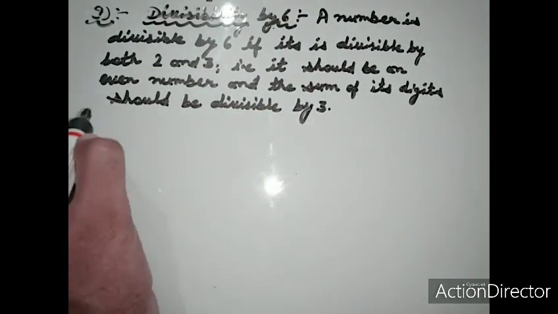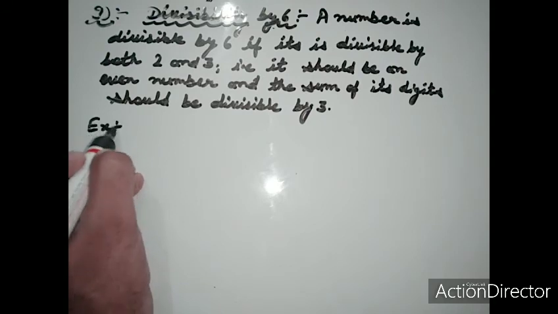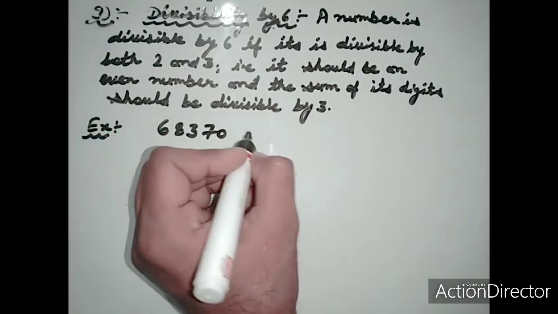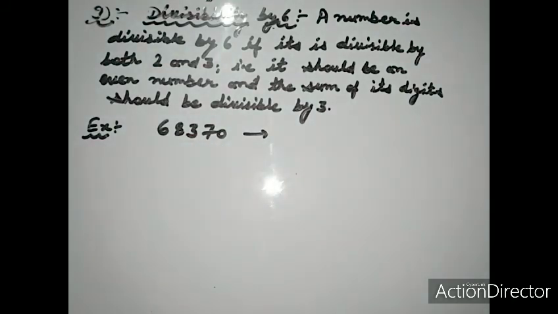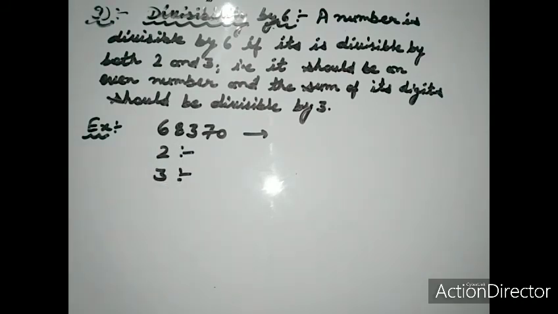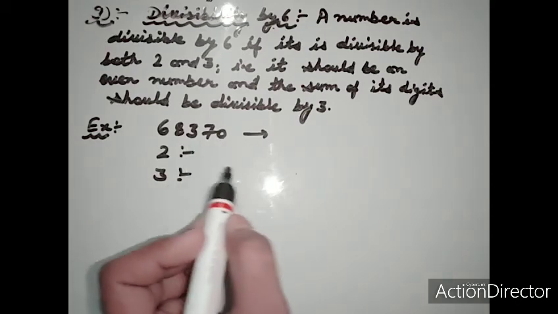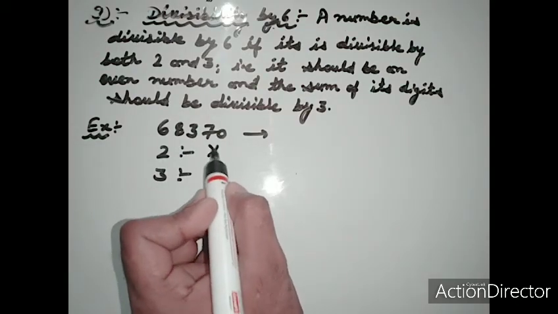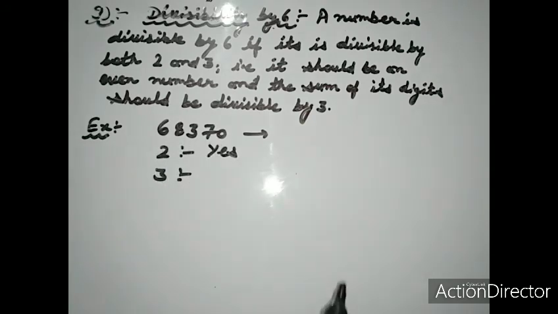So now here we take one example, 68,370. Now here we check, first by 2, okay, and after that 3. Now the divisibility rule says that if the last digit is even or 0, right, the whole number is divisible by 2. So yes, this number 68,370 is divisible by 2 because the unit digit is 0 here. Now here we check divisibility by 3.